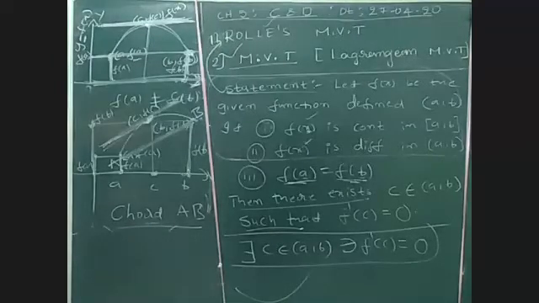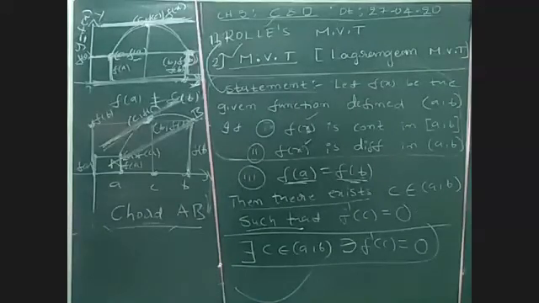Every polynomial, it may be a quadratic equation, cubic equation, biquadratic equation. Every polynomial is always continuous and differentiable. In a question, if they give any polynomial, you can write directly f of x is continuous because it is a polynomial, and f of x is differentiable since it is a polynomial. Then in every question, check whether f of a is equal to f of b or not.